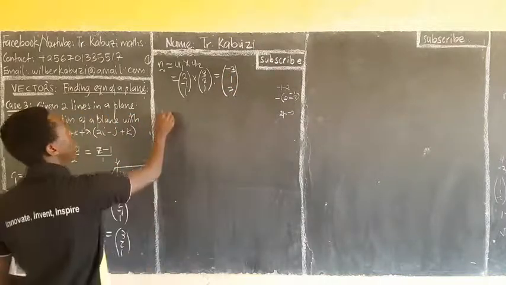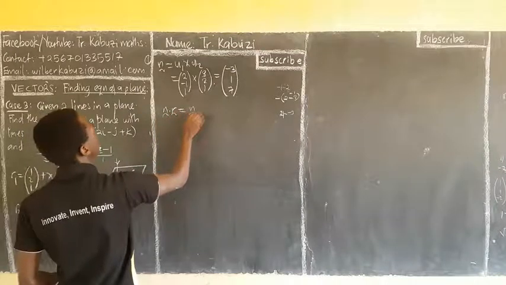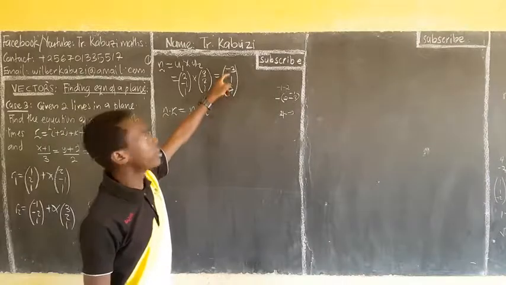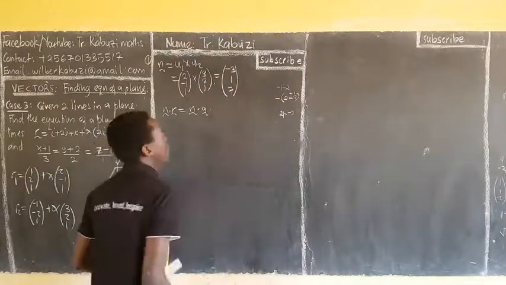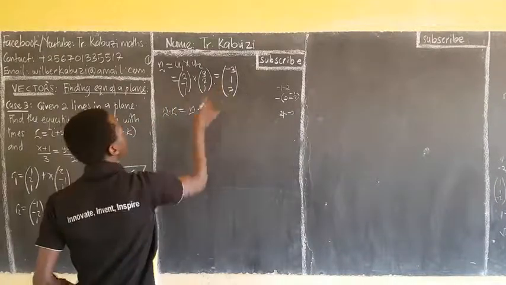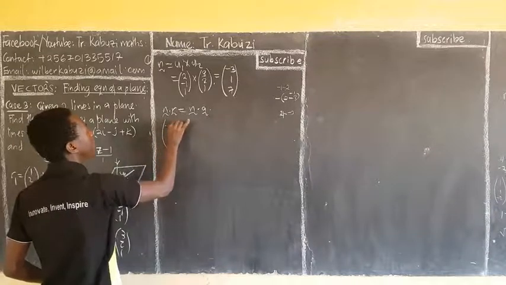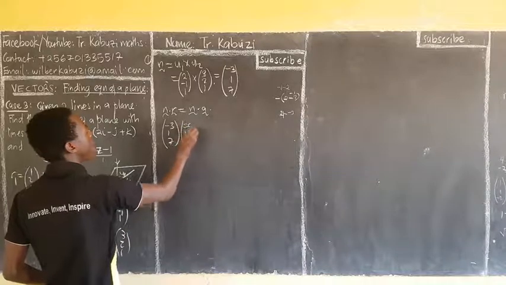So, if you have a normal, all you do is n dot r equals n dot a. Or from here, you always want the x to be positive. So, you can factorize out a negative from here, or you do it in the final step. So, from here, if this is my normal, I put (-3, 1, 7) dot r, which is again (x, y, z).